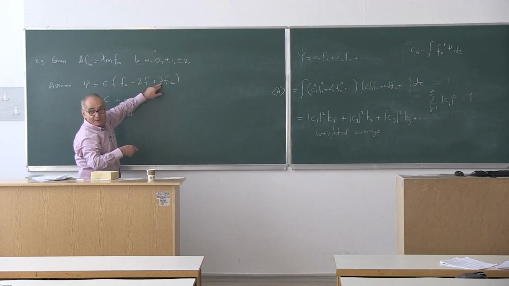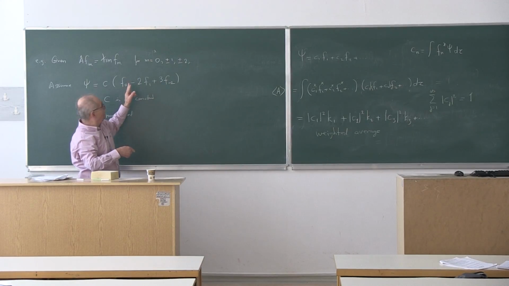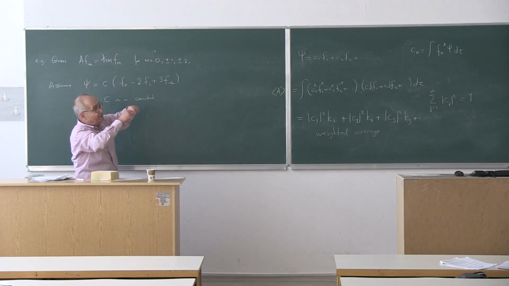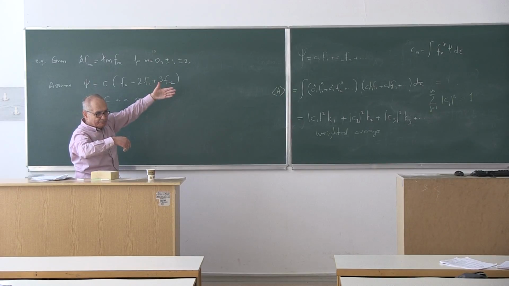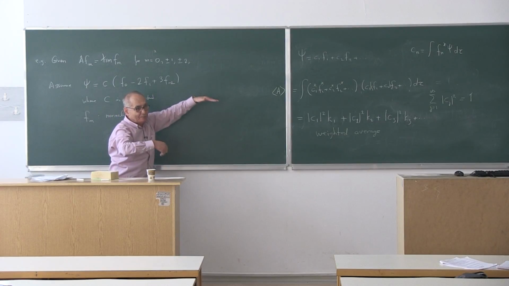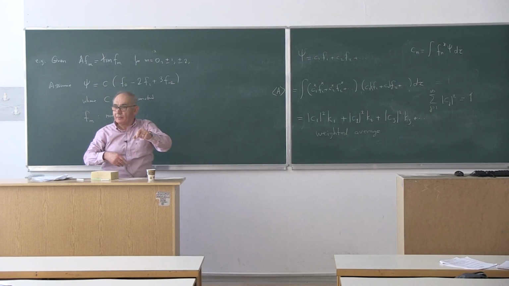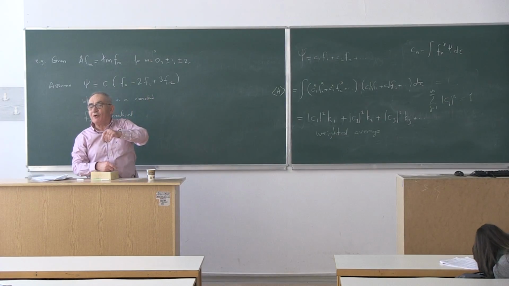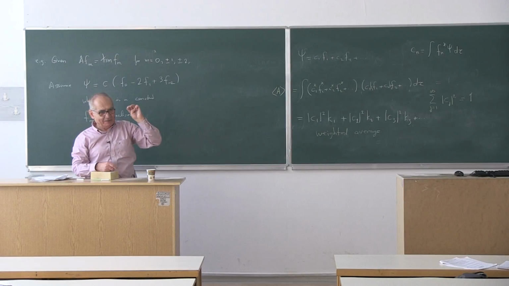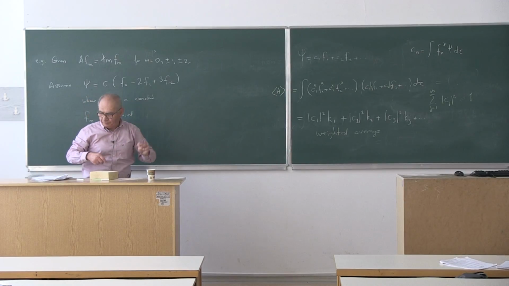It is plus 3 times C. That is a general expression, which means in principle there may be infinitely many terms. But when you see here, you don't see any other terms. What does it tell you? It tells you that all the other coefficients are 0. Only 3 coefficients are different from 0.